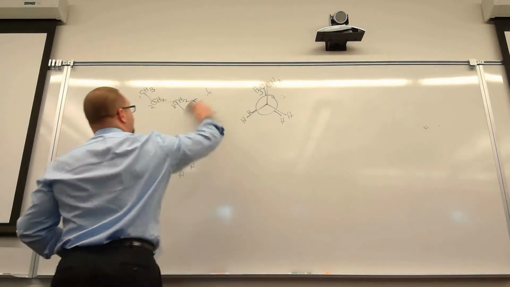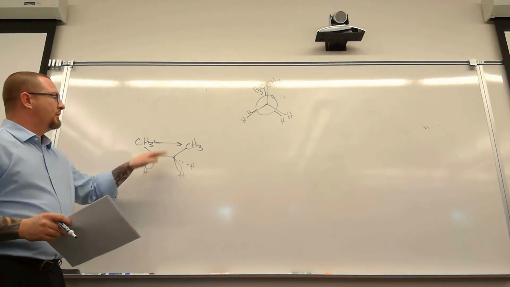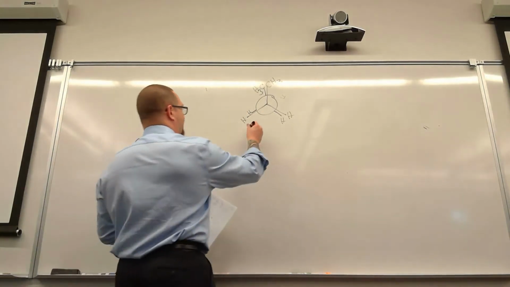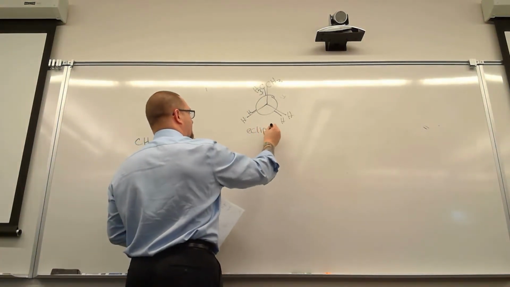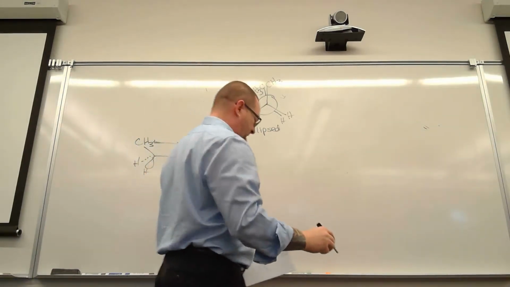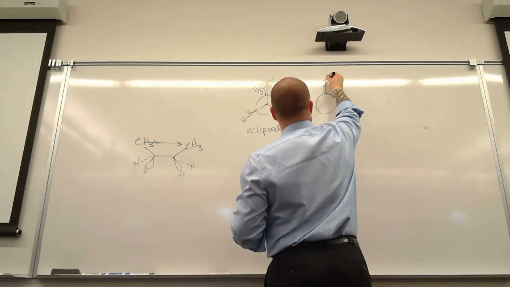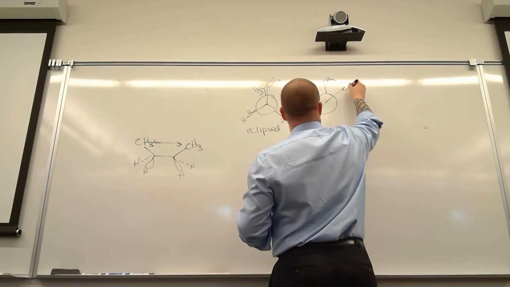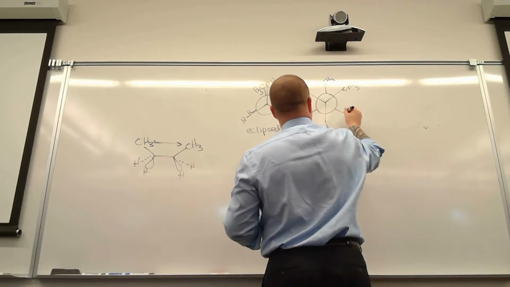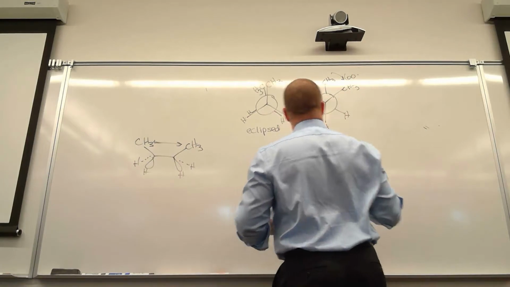Let me erase this so it's not bugging anybody. So this is representative of this, where the hydrogens are eclipsed and the methyls are eclipsed. And this is called eclipsed. If we rotate the front 60 degrees, we've now got a 60-degree rotation.